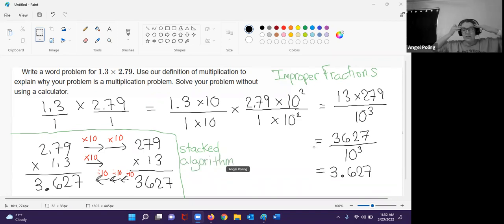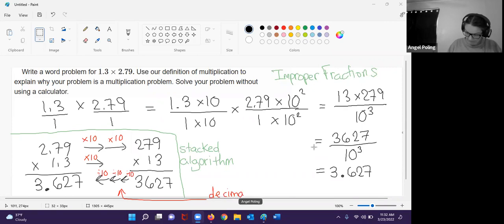But because we're trying to illustrate what it is we're ignoring, we need to show why it is that we recover by putting the decimal point three places to the left of the last digit.